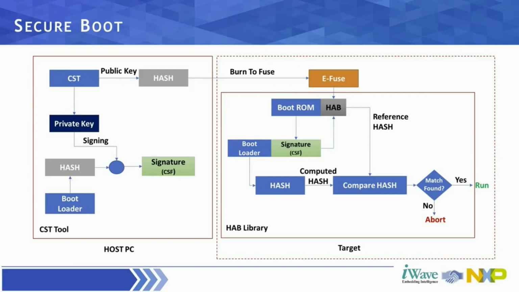If the SRK check is successful, the root of trust is established and the remainder of the signature can be processed to authenticate the image. If the authenticity is okay, the software image is executed, else the complete boot is aborted. So this is a base version of how secure boot is taken care of with the iWave security tool.